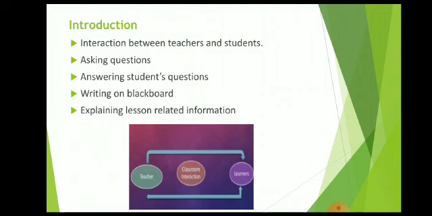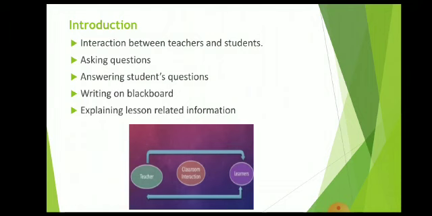Now, what is a classroom interaction? The classroom is a place where the interaction between the teacher and students takes place during the teaching learning process. The teacher tries to present the subject content through various teaching learning activities.